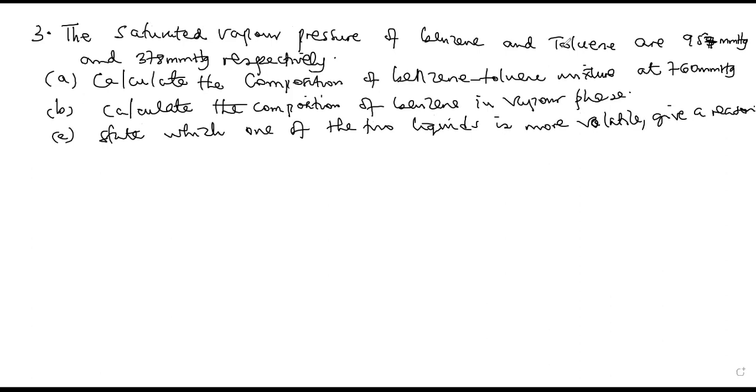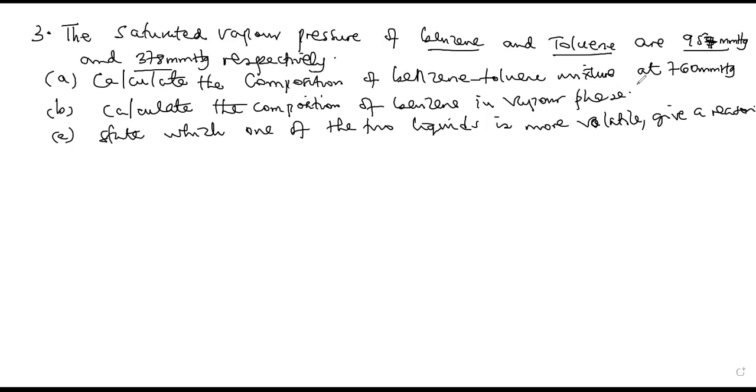Here, they gave us the saturated vapor pressures of benzene and toluene. When we say toluene, that is methyl benzene. This is 957 and this is 378 respectively. They want us to calculate the composition of benzene toluene mixture. They have not given us moles. They have not given us anything to do with the moles.